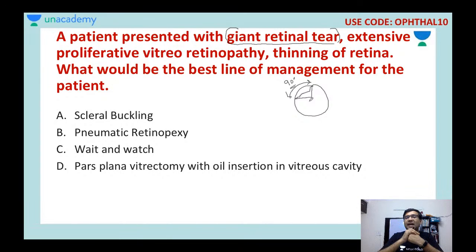It would not go back with just pneumatic retinopexy or scleral buckling. Is it clear, everyone? The meaning of proliferative vitreoretinopathy and giant retinal tear. So in any case of PVR and giant retinal tear, we would go for pars plana vitrectomy with oil insertion in the vitreous cavity.